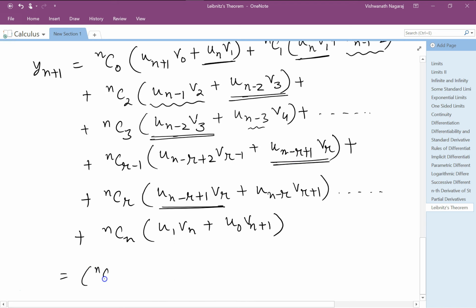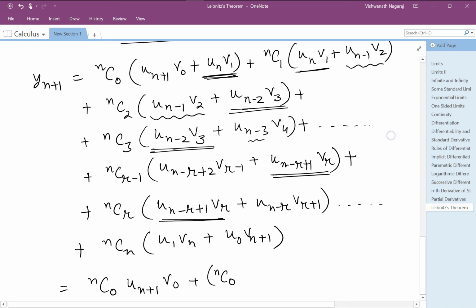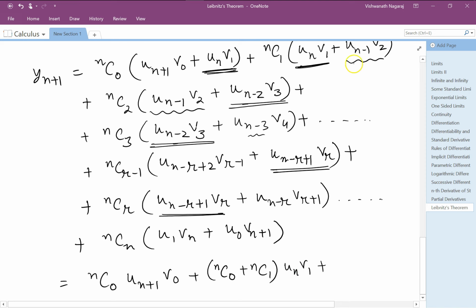So that means we can rearrange this. So here nc0 of this, no, let's first write the first term, nc0 un plus 1 v0 plus nc0 of this and nc1 for this un v1. Okay, plus now let's take this and this.